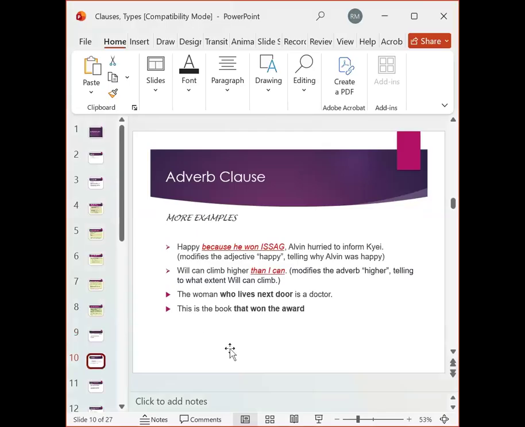Now, these are more examples. Remember, we said adverb clauses could also modify adjectives. This is an example. Happy because he won Isaac, Alvin hurried to inform Che. In this context, because he won Isaac is modifying the adjective happy.